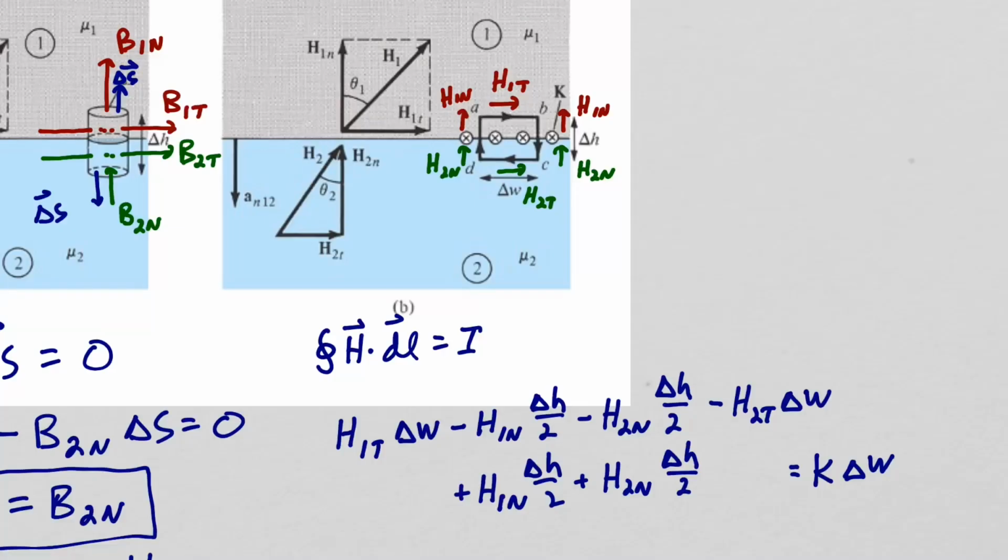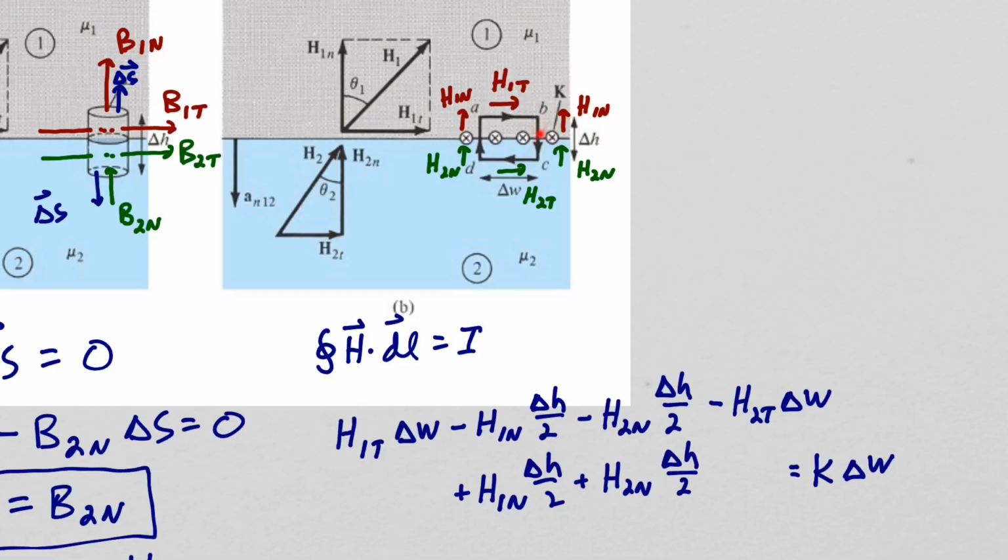When we integrate from A to B, we'll get H sub 1 tangential times delta W. When we integrate from B to the interface, we'll get minus H sub 1 normal times delta H over 2. The minus sign is because our defined H sub 1 is in the opposite direction of our integration.